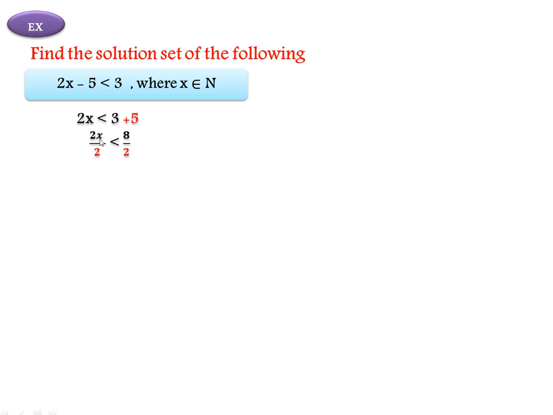We have multiplication, so we divide both sides by 2 to keep the unknown by itself, and we get x less than 8 divided by 2, which is 4. The solution set is all numbers less than 4 but in N. If x belonged to Z, we could say 3, 2, 1, 0, negative 1 and so on, positive or negative numbers less than 4.